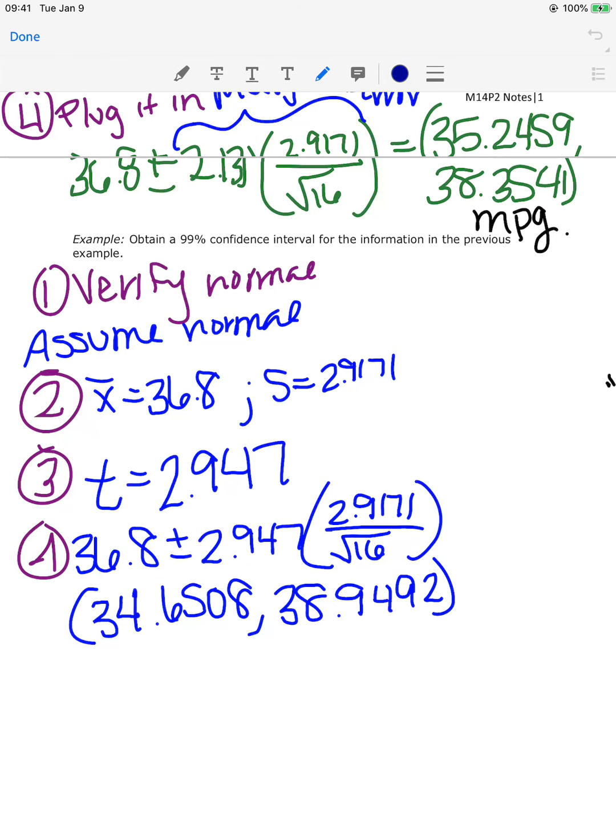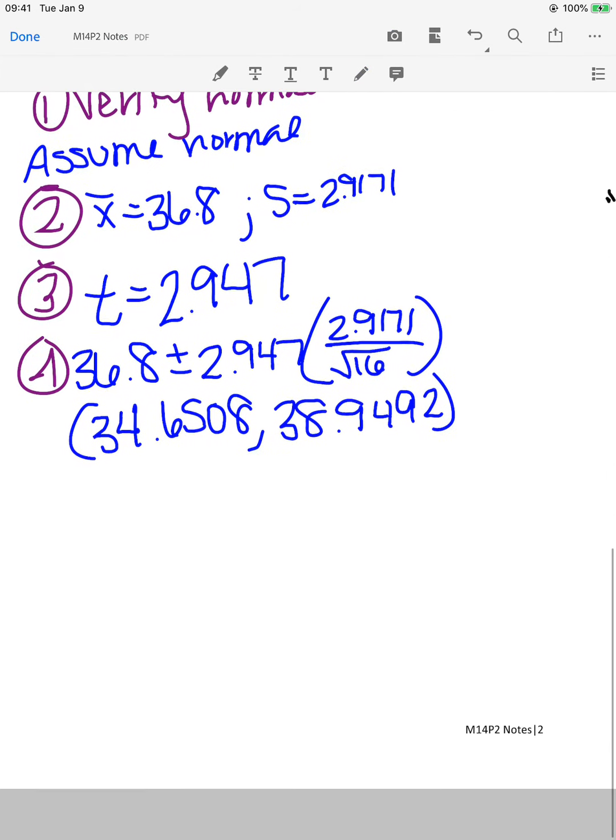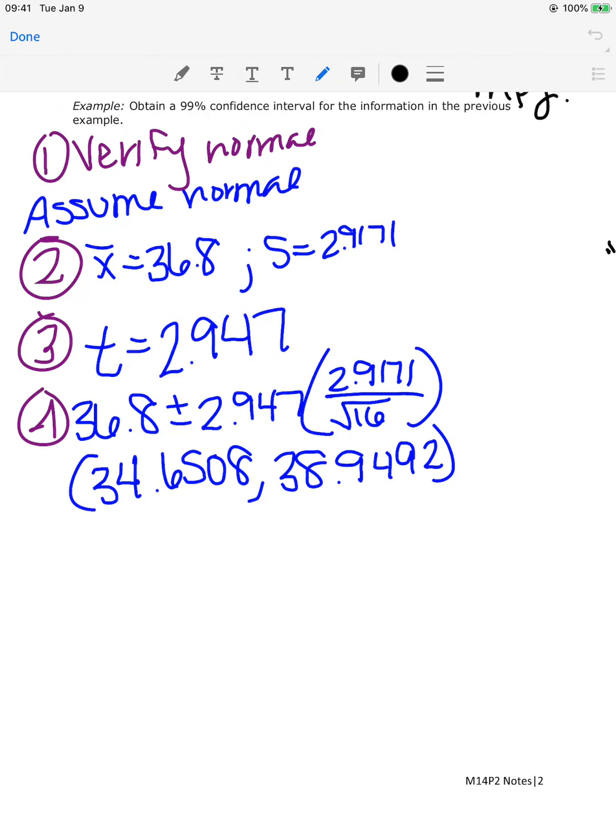All right, and my last step, I'm going to write my interpretation for this interval. So again, this is something I could give my grandmother, and she would understand what we were trying to do.